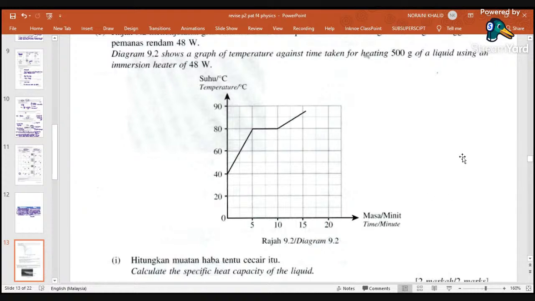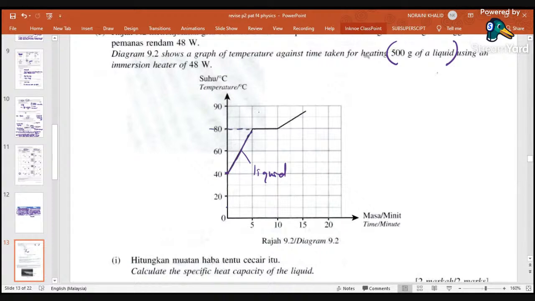So initially this one is at liquid state. Dia memang sudah liquid. So dari sini dia adalah liquid. Okay. So dari 0 to 5 minit, ini adalah liquid state. And then it will reach the boiling point here. Ini boiling point.